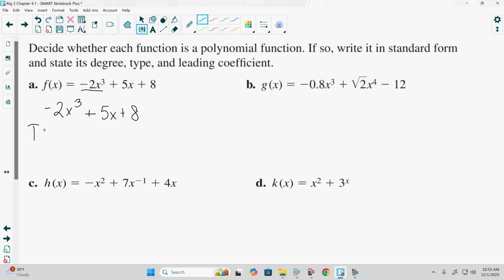Now the degree. So the degree of a polynomial function is the biggest exponent attached to a variable, which would be what? 3. So the degree for this is 3.